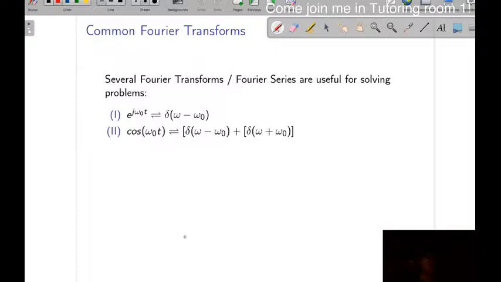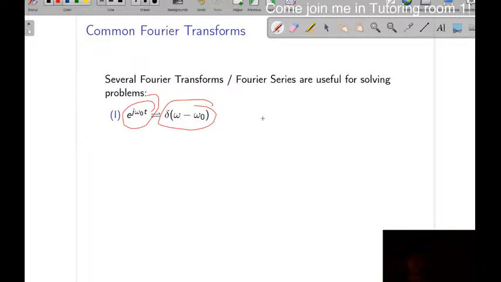We get the complex exponential, like I was talking about. The complex exponential, which remember is a periodic function, gives a single spike in the Fourier domain, centered at omega naught. That's where its one value is going to be.